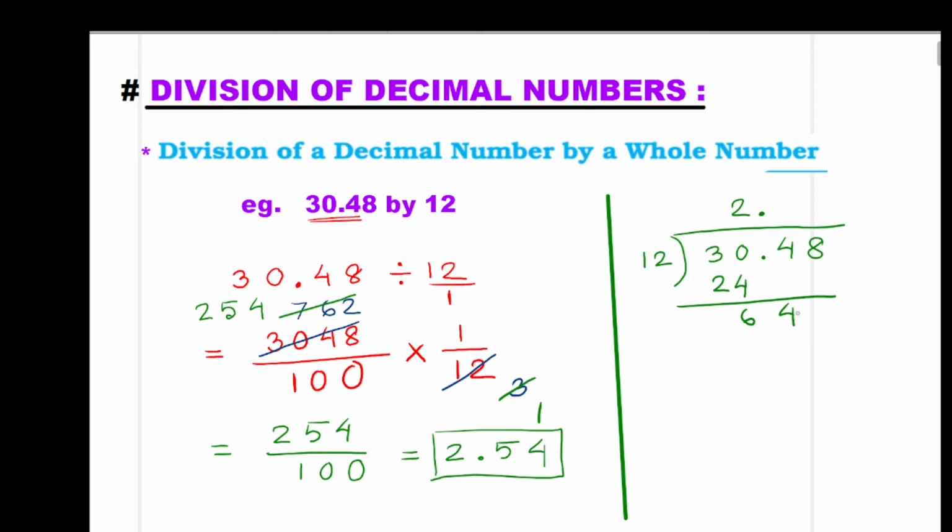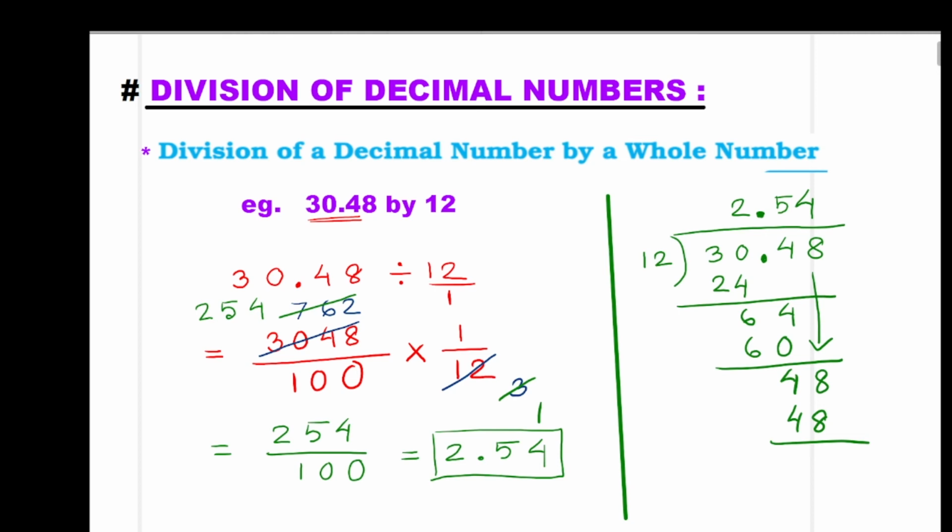Next 4 will come. So 12 5s are 60. Next this 8 will come. Then 12 4s are 48. Where there is a point, it will come here. So we get the same answer.